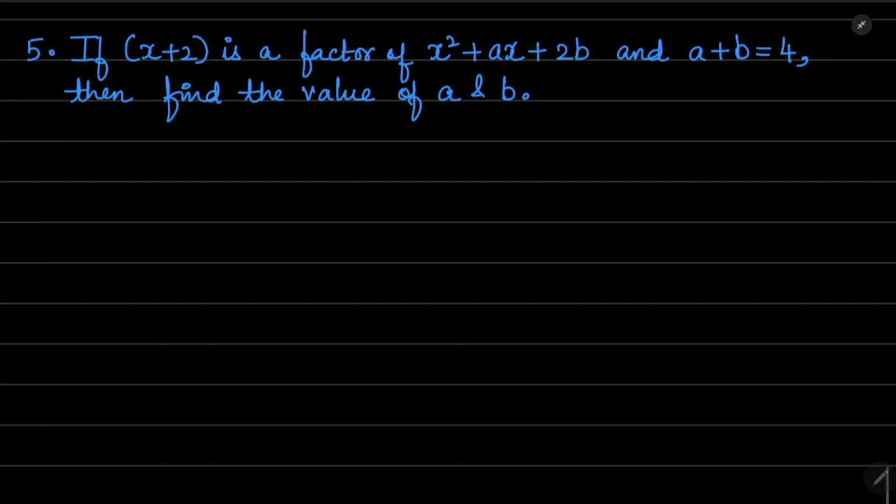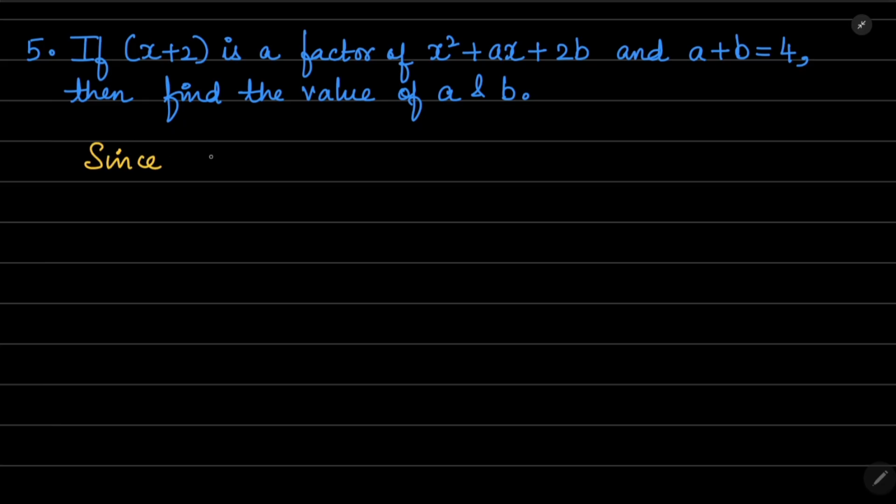Next question. If x plus 2 is a factor of the polynomial x square plus ax plus 2b, and you are given a plus b is equal to 4, then find the values of a and b. Now, what are you given?